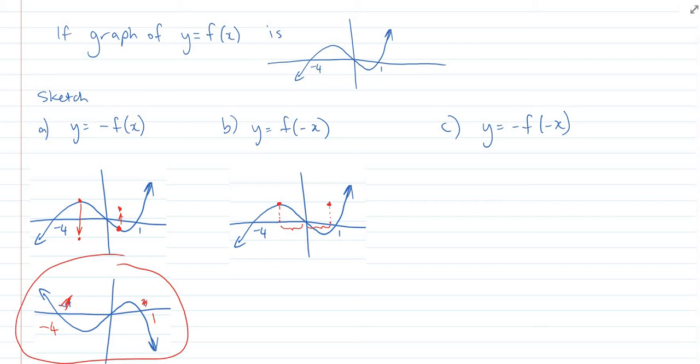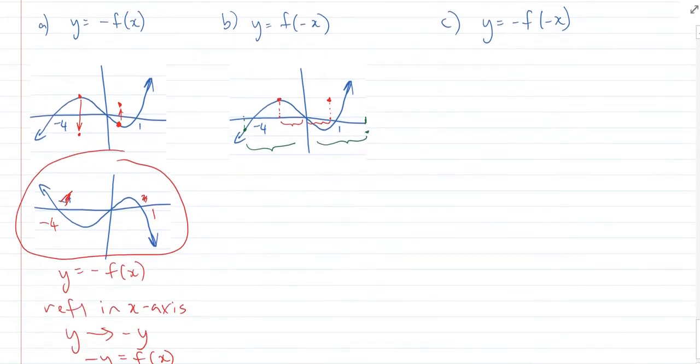And say this point here belonging to that x, if we go an equal amount over this side, it's going to be over here. So these are the same distances. So what you're doing is reflecting it in the y-axis.